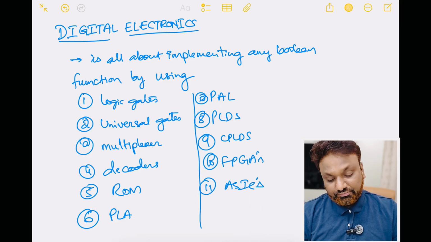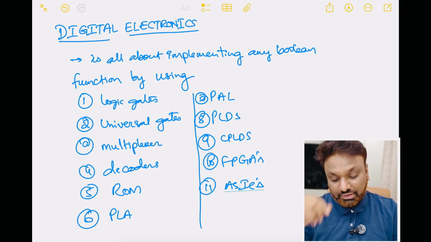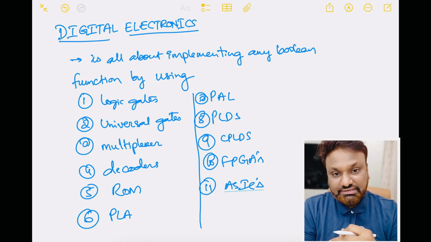Okay, so from the starting, we start our discussion with the logic gates.